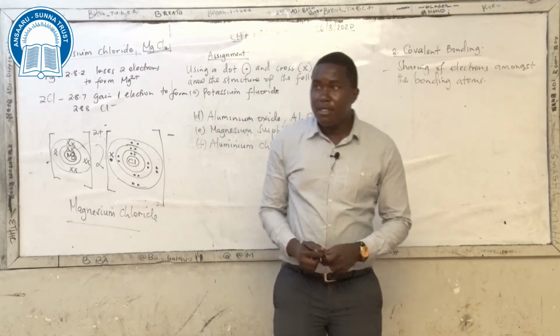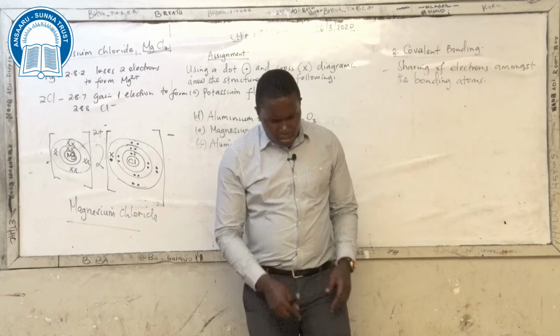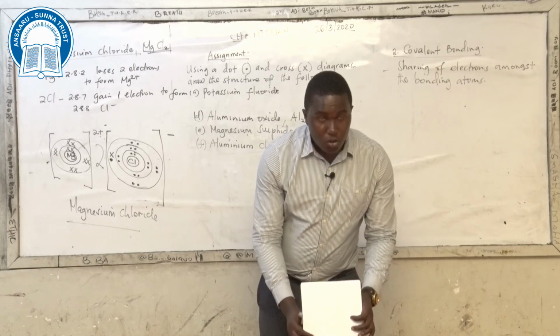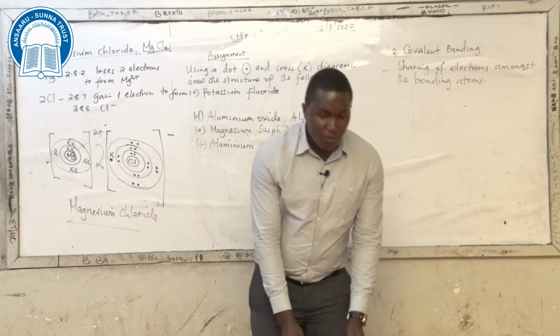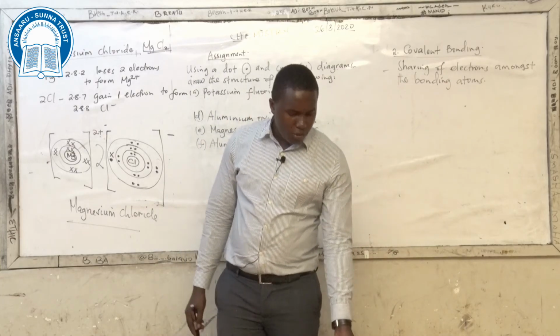So sharing means one atom will give one electron, the other will also give one electron, and therefore they will do so, forming not one, not two, but even more than 3 types of covalent bonding for them to become stable.